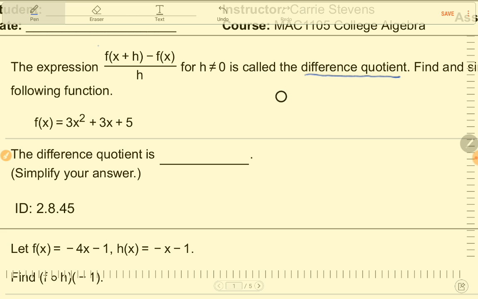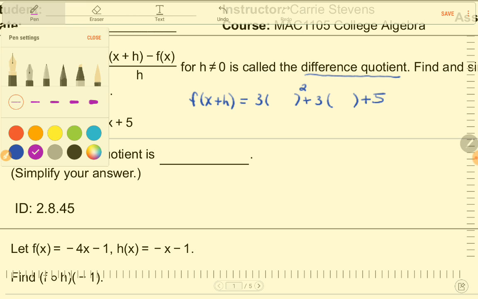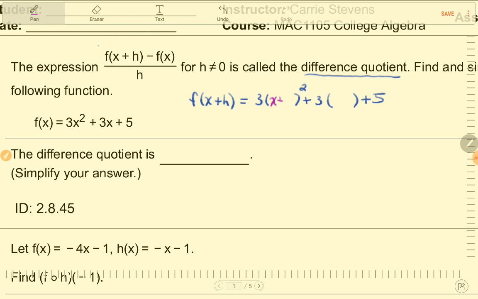So I'll take my original and just make space for the expression x plus h. And I'm going to go back and plug in x plus h everywhere there was previously just an x.